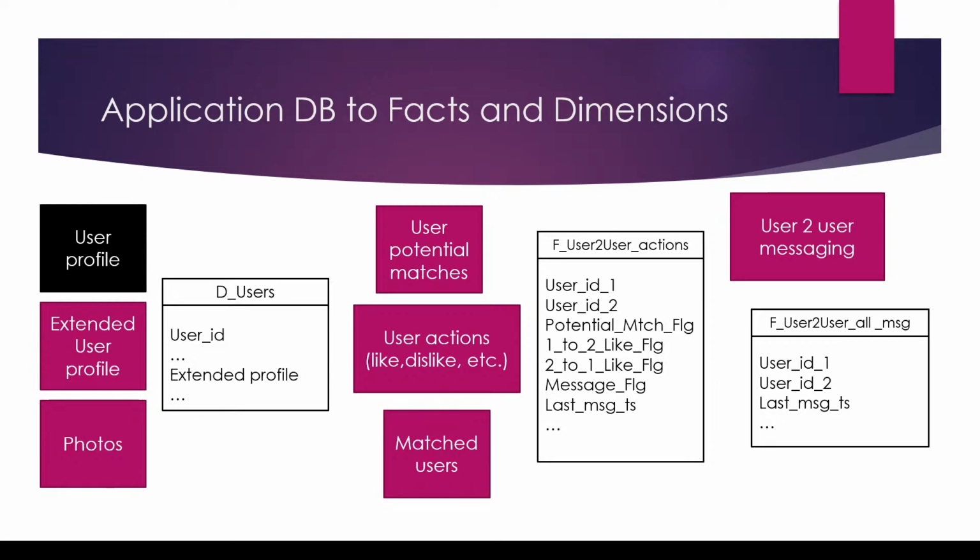And then there would also be user to user messaging. Whenever somebody messages from A to B, we would need to store that as another fact. I did not cover the fact where, when does the user log in, when does the user log out, how long do they use it. That was not covered in this, but that could be another fact table as well.